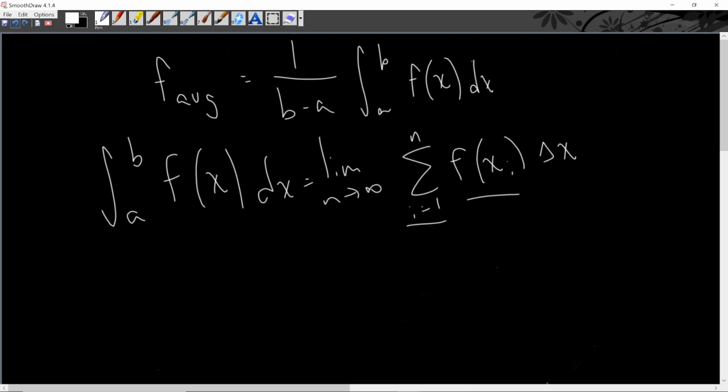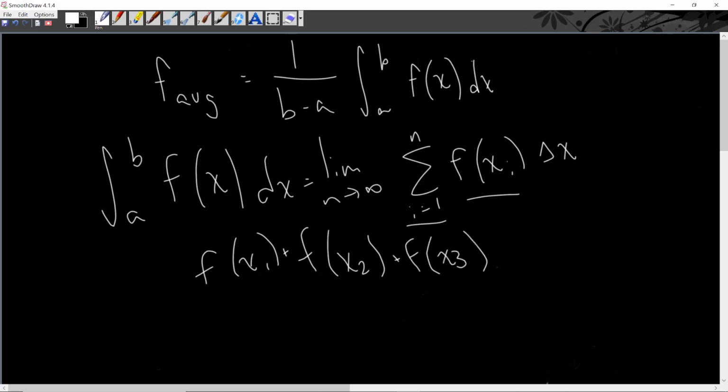When we sum up every single f of xi value, we will have f of x1 plus f of x2 plus f of x3, and on, all over n, which we now said was equal to b minus a over delta x.